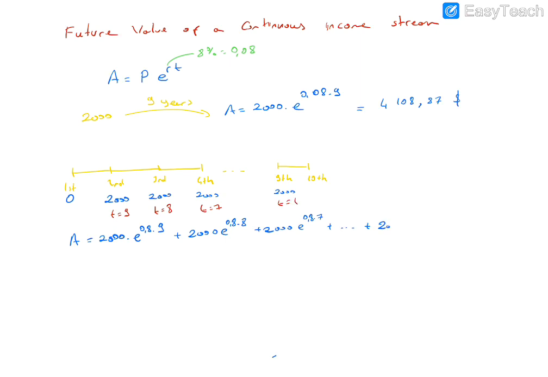plus and so on. And for the 9th year we have one more 2000, but t is 1, so 2000 e to power 0.8 times 1. And for the last one we have one more 2000, but t is 0, so we just have the additional 2000, since e to power 0.8 times 0 is 1.